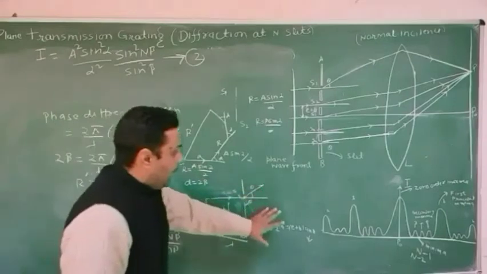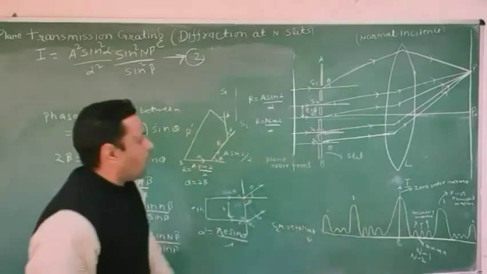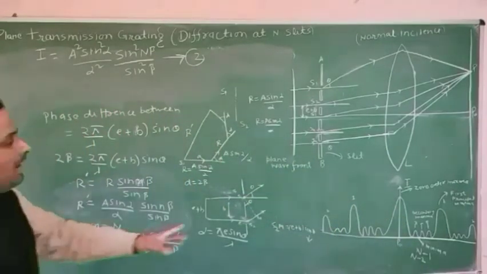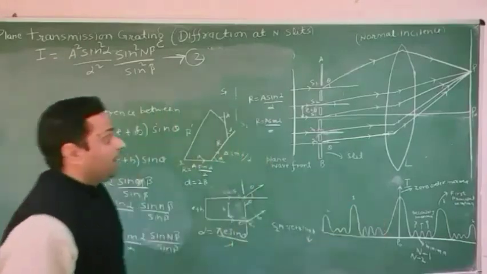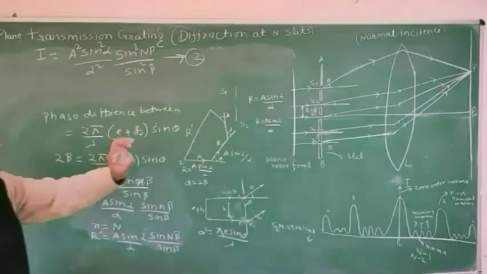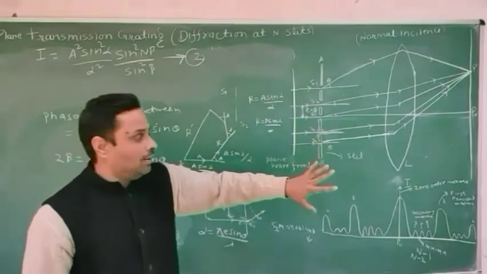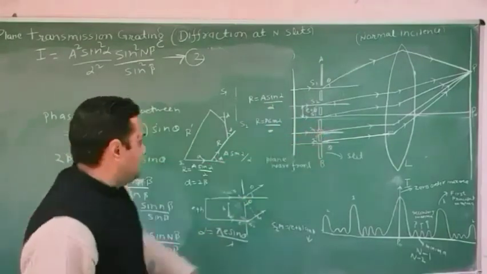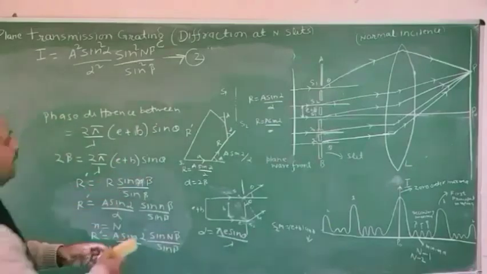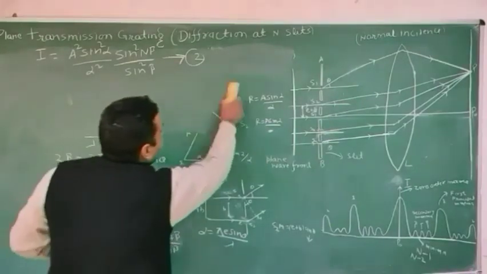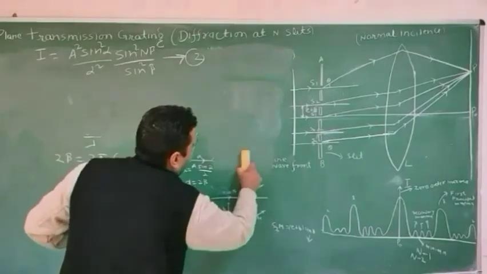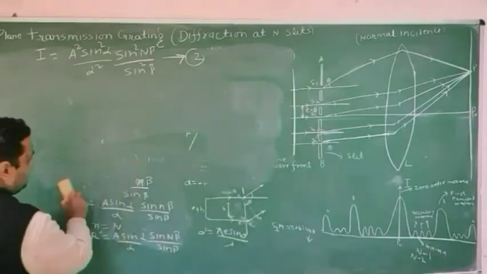Now we have to calculate the position of maxima and minima on the screen, where P is, suppose, the position of a principal maxima, or you can say the minima. The condition will be obtained by expression 1.